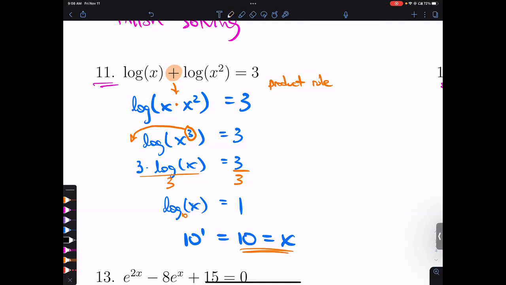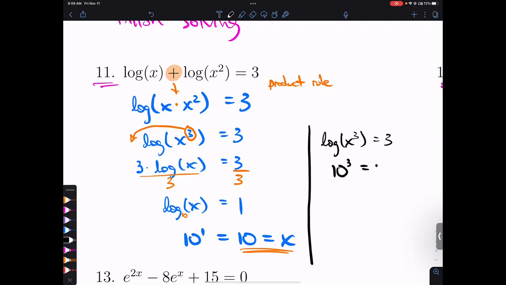Another way to do this would have been from right here, the log of x cubed equals 3. I could rewrite it there and say 10 to the third is x cubed, and then take a cube root of both sides. So again, you get x equals 10. Either version of that is fine.